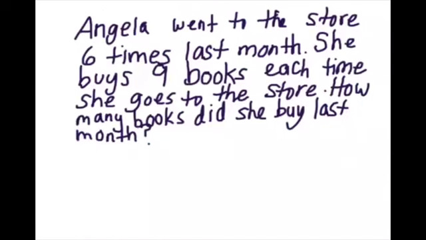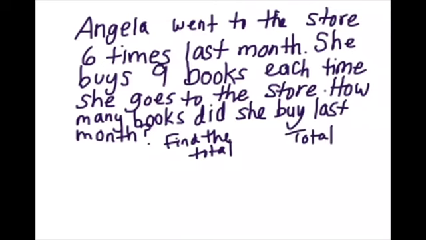All right, let's try one more problem before you do one on your own. Angela went to the store 6 times last month. She buys 9 books each time she goes to the store. How many books did she buy last month? So again, does it look like we have to find the total, or does it look like they already gave us the total?